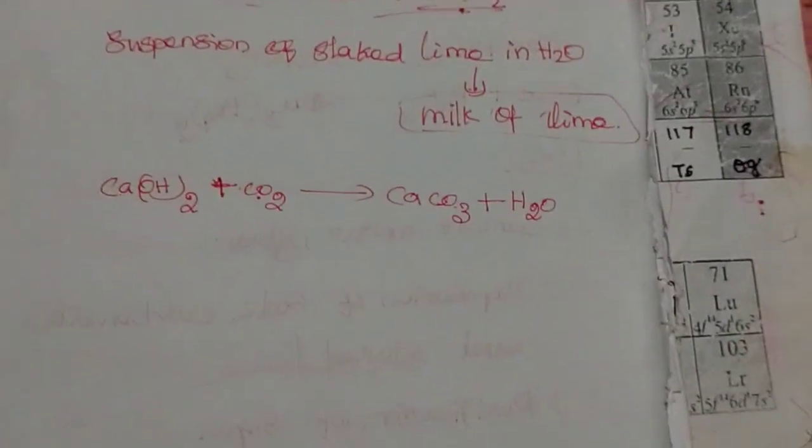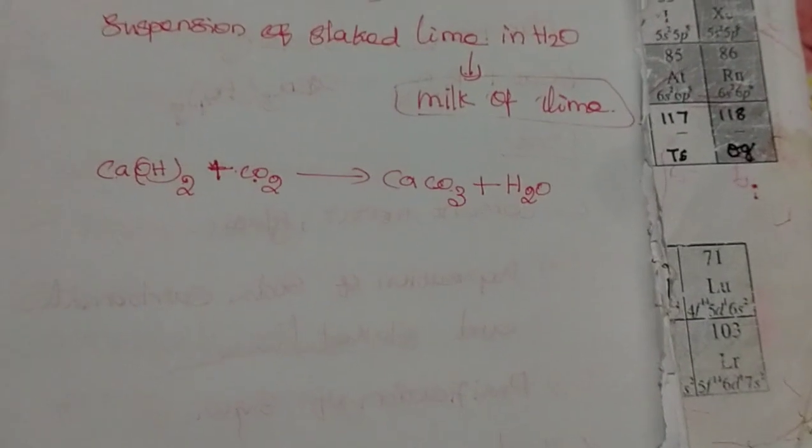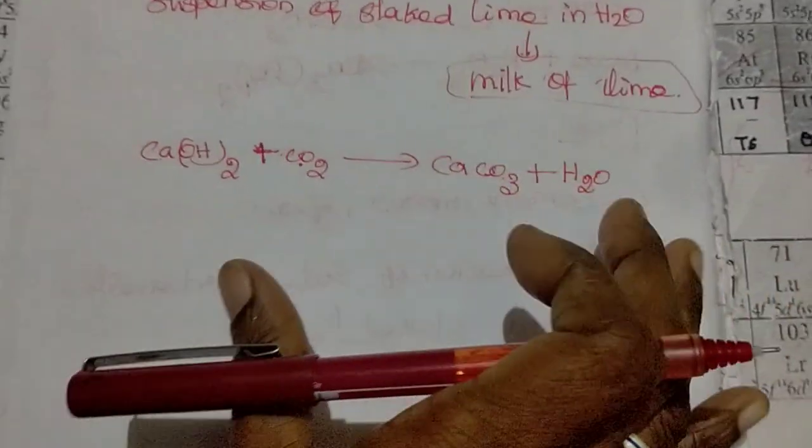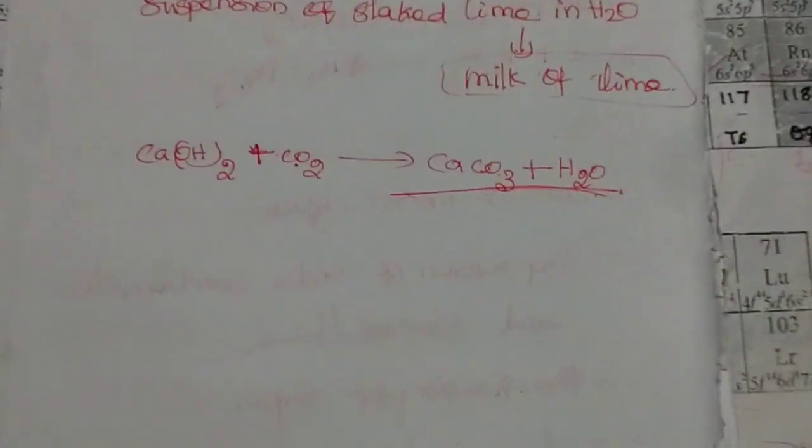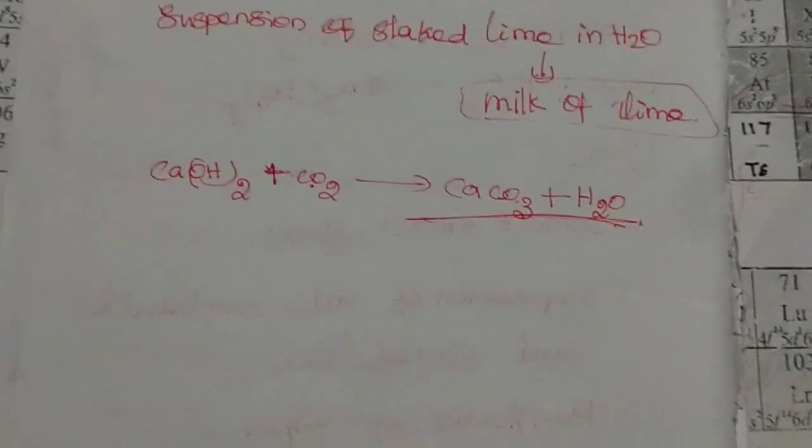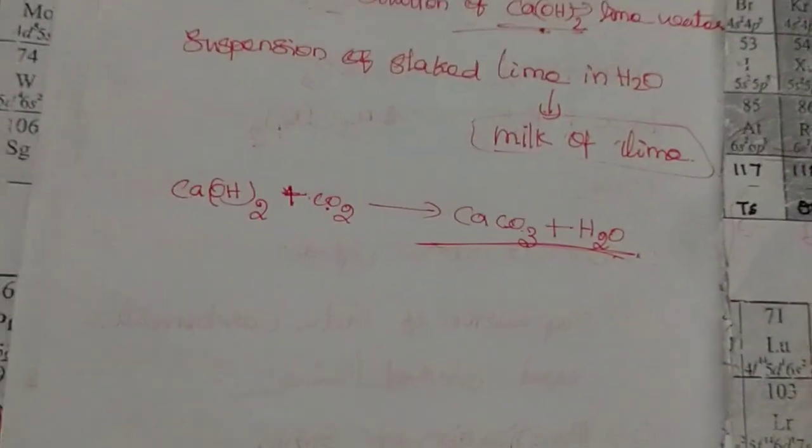Continuing this reaction, if we pass some more carbon dioxide into that solution, the precipitate dissolves and forms calcium hydrogen carbonate.